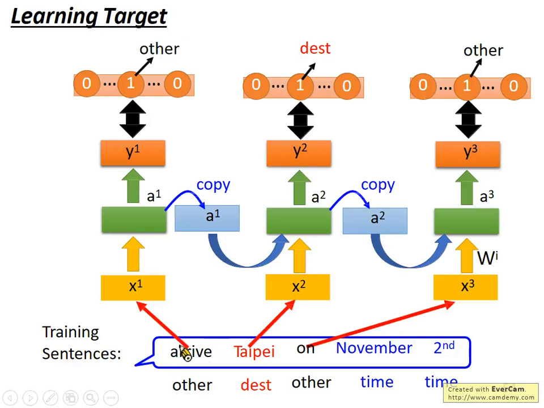The first word should belong to the category of other, and the second word should belong to the category of destination, and so on. So we can simply define the ground truth of each word, and then we calculate the cross entropy or mean square error between the output, the predicted value, and the ground truth value. So basically, the goodness of a function is defined similarly to CNN and the fully connected neural network, even if we implement it as RNN.